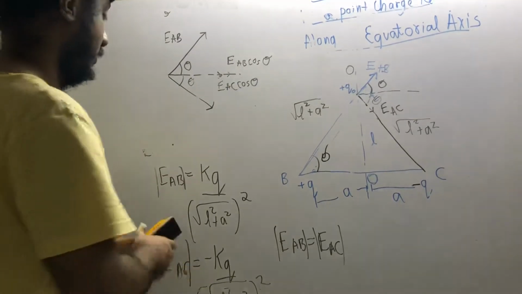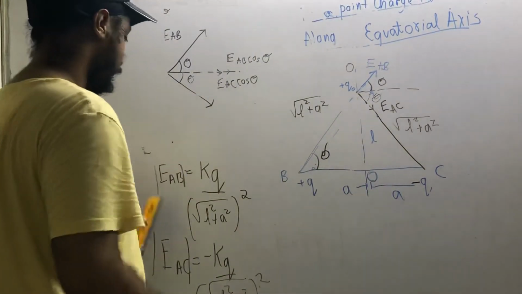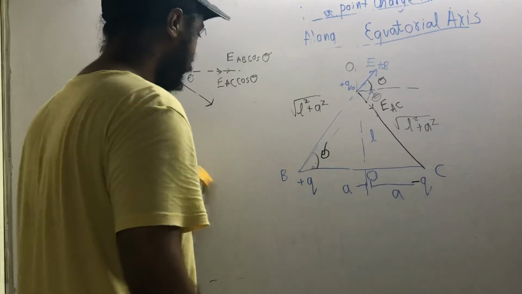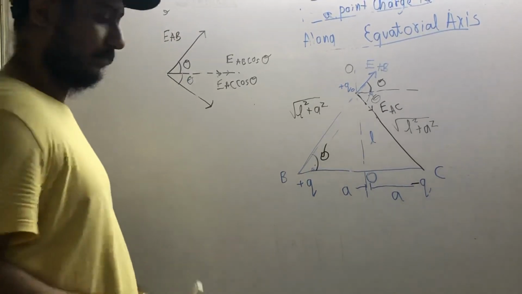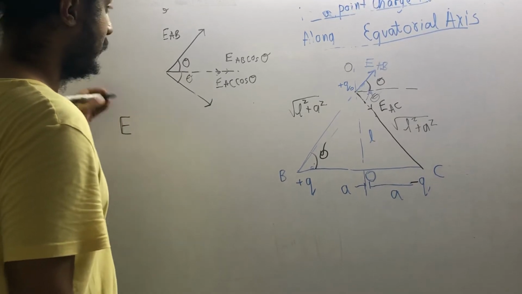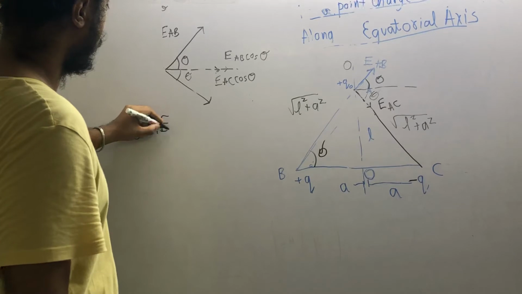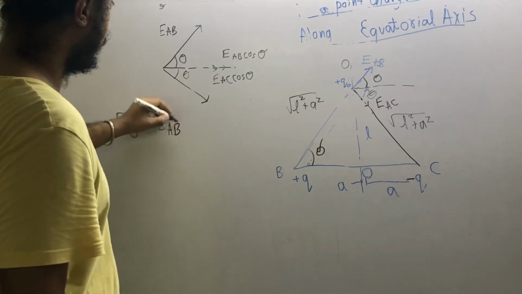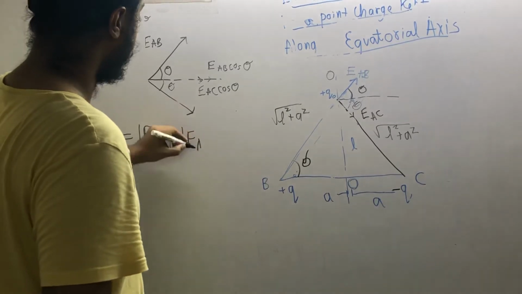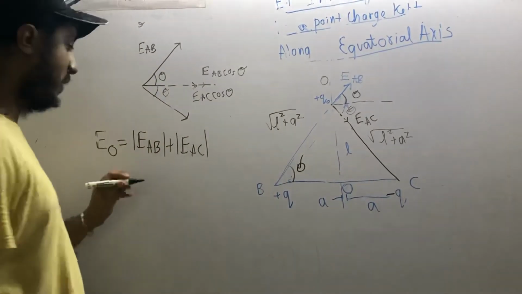So what will be the net electric field at point O? Magnitude of E_AB plus magnitude of E_AC. The magnitude will be the same because both have the same magnitude.